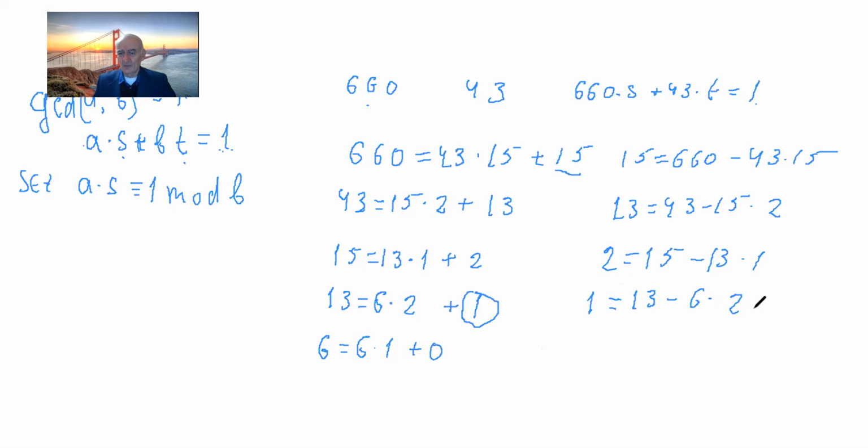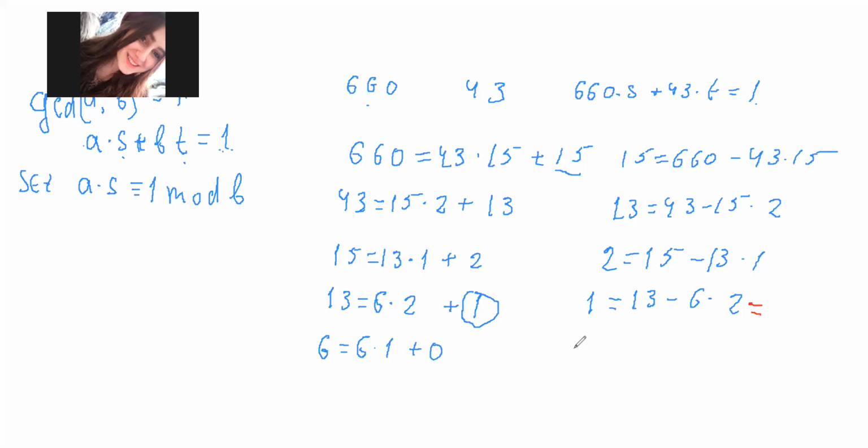And let me continue here. Now we are going backward. Please help me, what to write here? We should replace 2 by 15 minus 13 times 1. Very good.